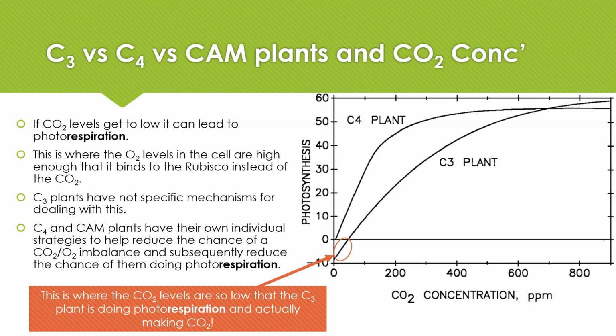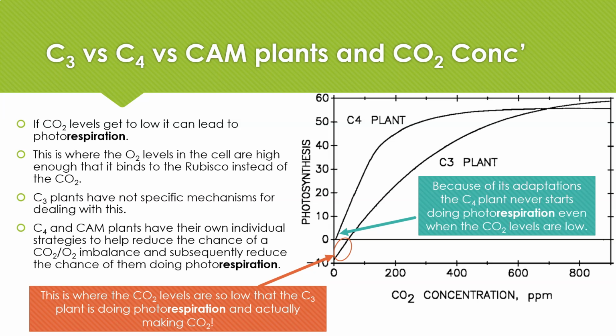You'll notice that the C4 plant never drops down here, and that's because of the mechanisms in terms of separating between the mesophyll cell and the bundle sheath cell that the C4 plant does. Because of its adaptations, the C4 plant never starts doing photorespiration even when those carbon dioxide levels are low, because it has a specific mechanism for dealing with that.